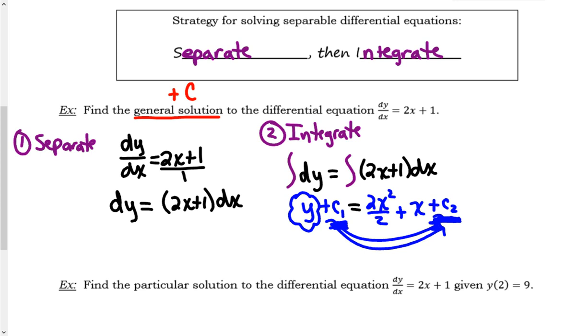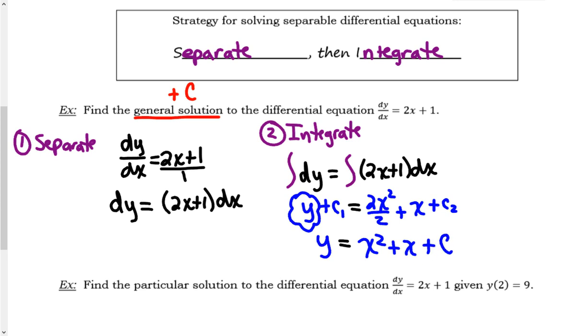So basically, in the future we are not going to have a C1 and a C2 when we have the antiderivative of each side. What we would do is have a y only on this side, and on the other side, I'm going to simplify as I rewrite: x squared plus x plus some constant.